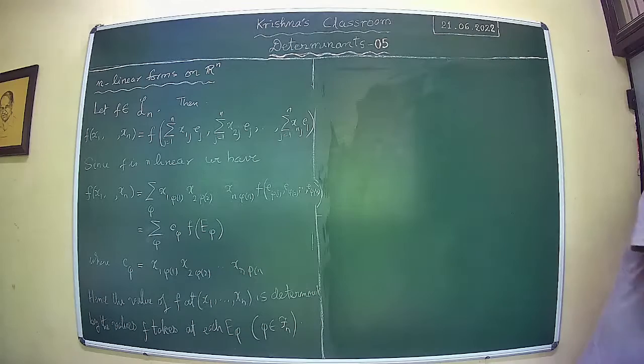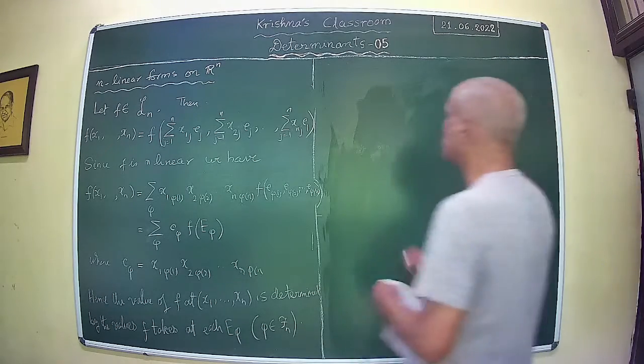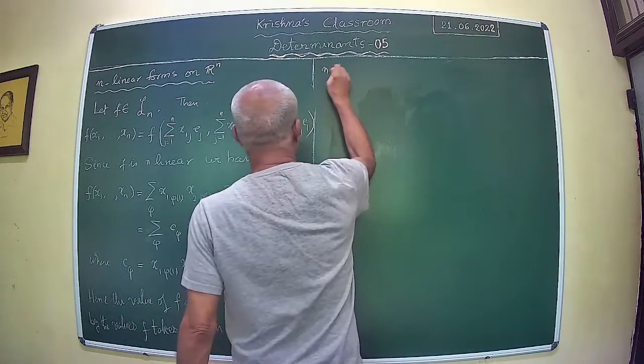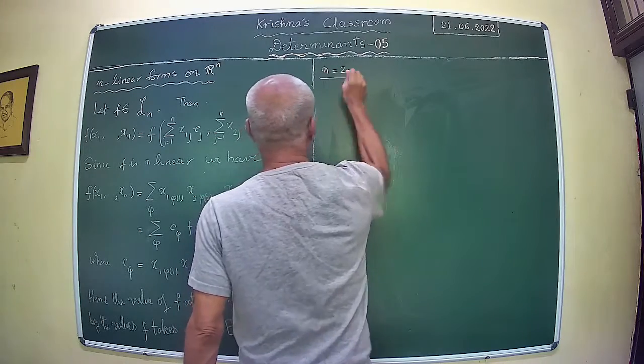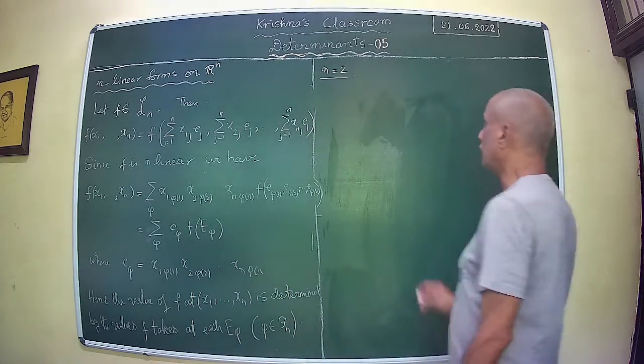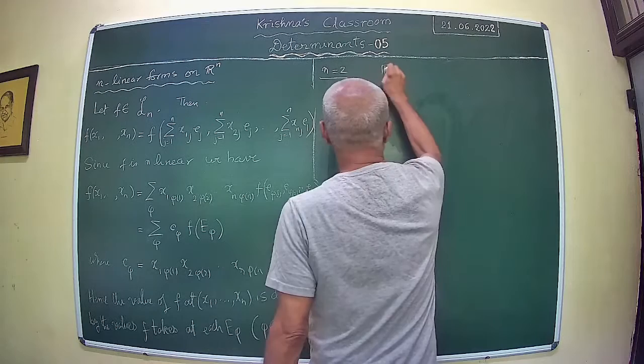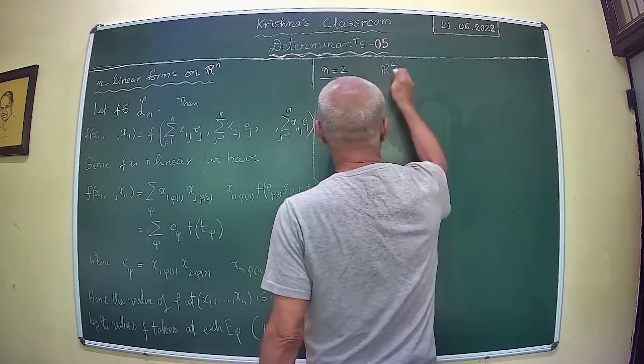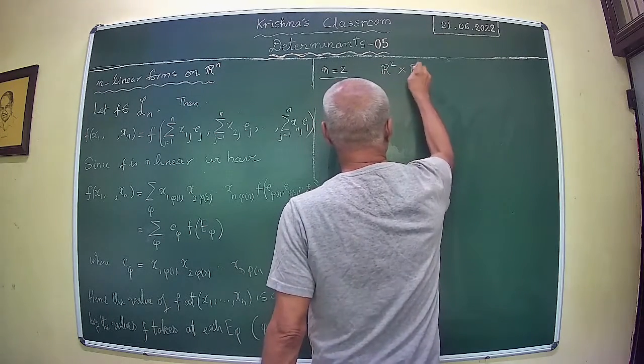In the case of n equal to 2, you are working on R2 cross R2.